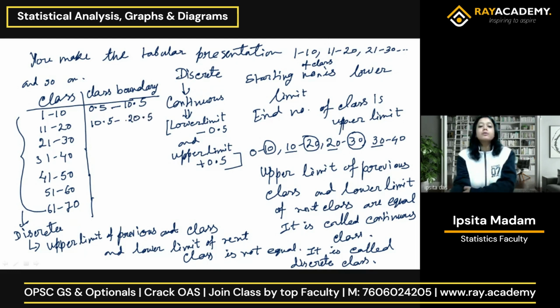Now look at these two classes, 0.5 to 10.5 and 10.5 to 20.5. Now upper of the previous equals lower of the next class. Both are equal. Then it converts to the continuous class. So tell me, what is the third range?